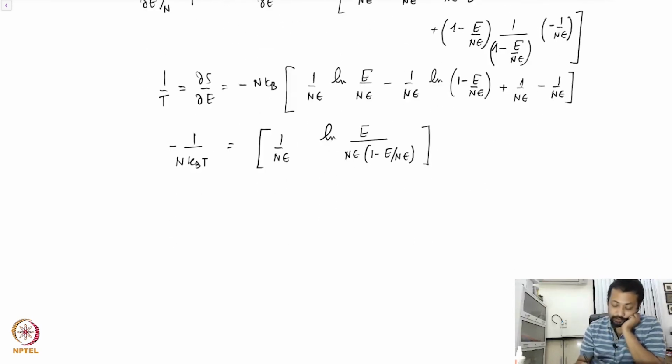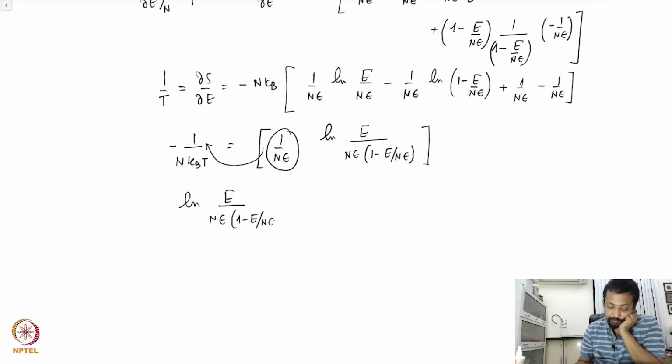So therefore, if you take the N epsilon to this side, you have ln [E over N epsilon divided by (1 minus E over N epsilon)] is equal to minus epsilon over kB T. So that E over N epsilon divided by (1 minus E over N epsilon) is equal to e to the power minus epsilon over kB T.